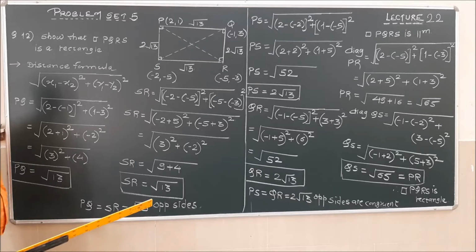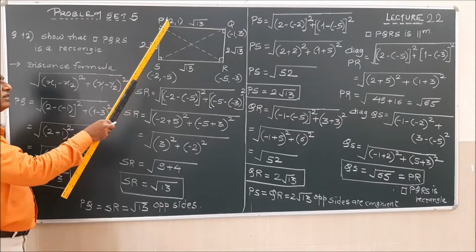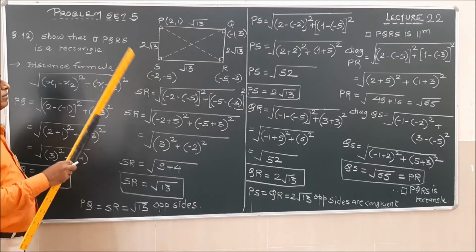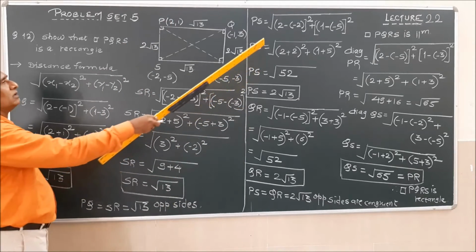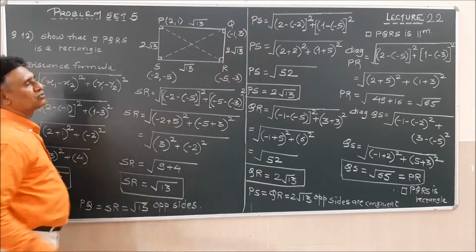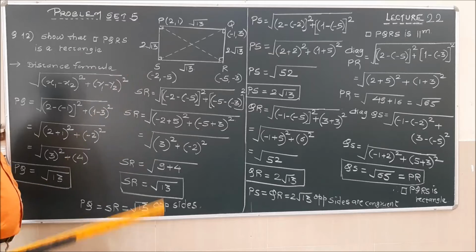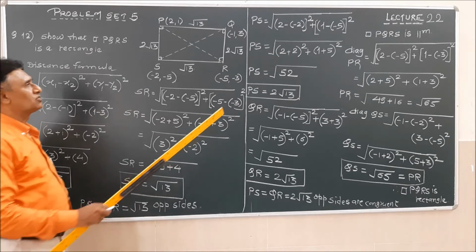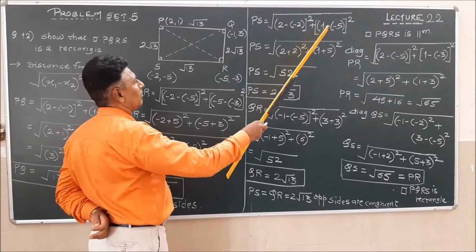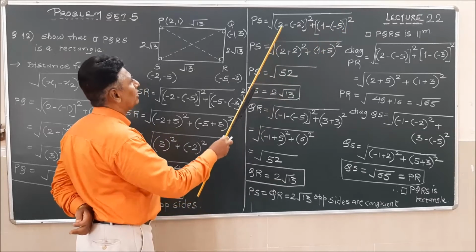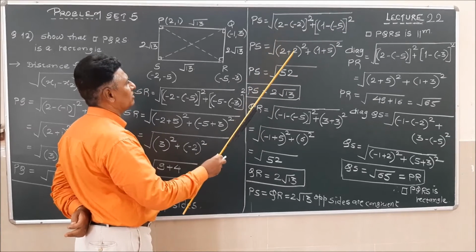Now I am going to find PS. To get PS, same formula, 2 minus of minus 2 the whole square plus y1 minus y2, that is 1 minus of minus 5 the whole square. Minus into minus will give us plus.